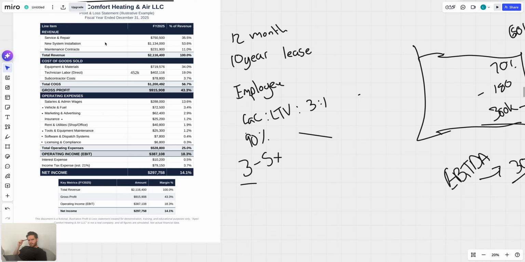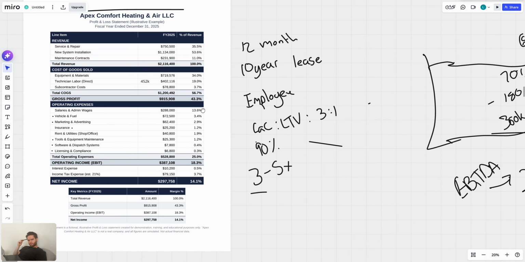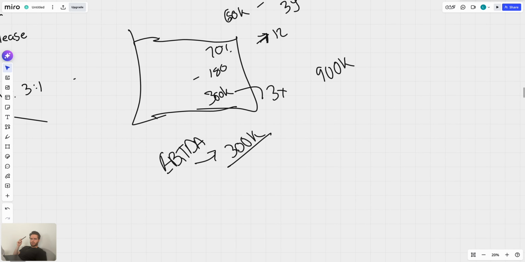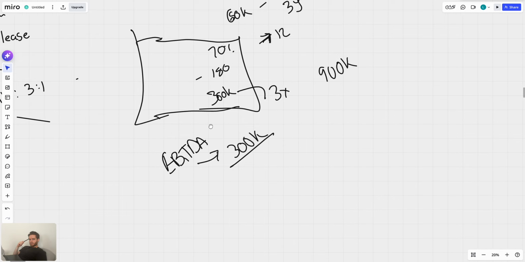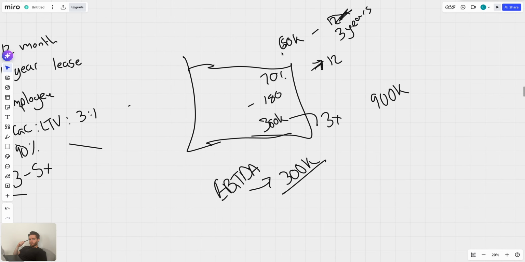If I was to show this to the bank, right, I would want to show, actually no, we've got to figure out purchase price. What's the debt servicing ratio on a 650k loan?